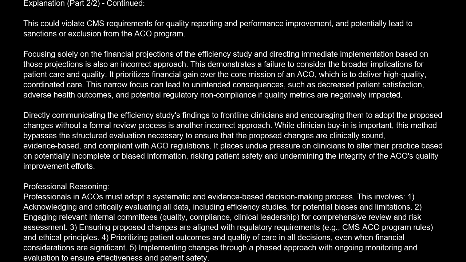Ensuring proposed changes are aligned with regulatory requirements, e.g., CMS ACO program rules and ethical principles. 4. Prioritizing patient outcomes and quality of care in all decisions, even when financial considerations are significant. 5. Implementing changes through a phased approach with ongoing monitoring and evaluation to ensure effectiveness and patient safety.